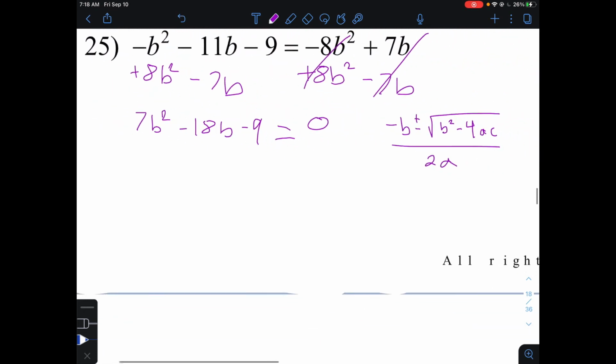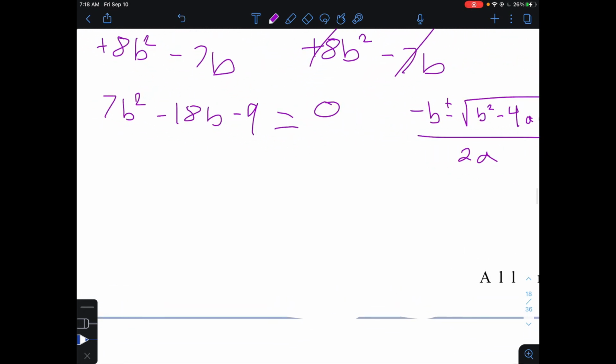So if we're looking at this quadratic here, we need to be able to identify a, b, and c. So a is the guy that is attached to the squared term, b is the coefficient attached to the linear term, and c is your constant at the end. So here our a term is 7, our b term is -18, and our c term is -9.